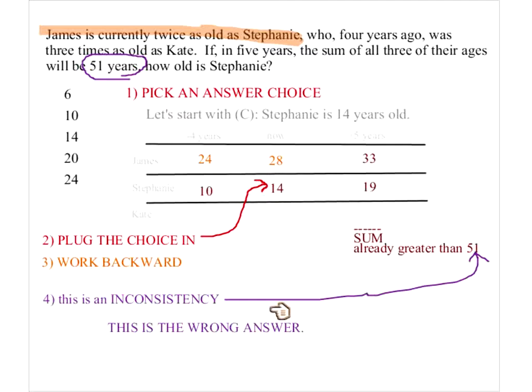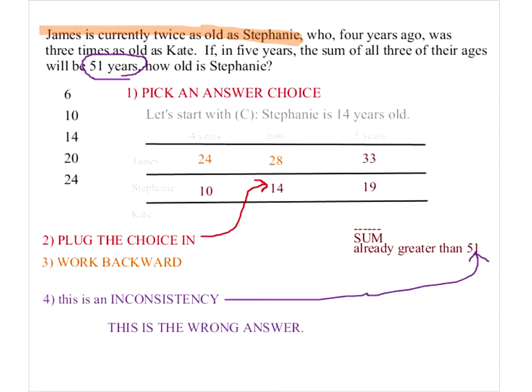And moreover, what else does this mean? Not only is this answer wrong, but which answers are also wrong based on this result being greater than 51? Okay, yeah, a couple of you are typing this in. Yeah, everything that is greater.